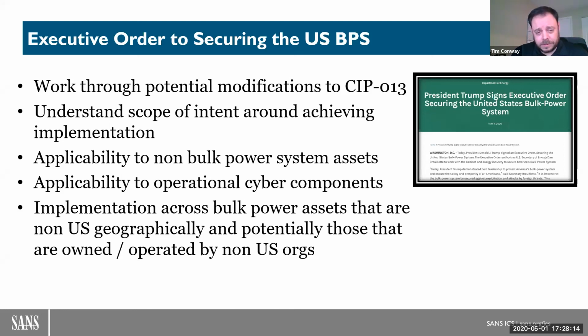What this means for non-bulk power system assets, so things that do not meet the threshold of 100 kV and above from a transmission level or from a generation capacity. However, they're still connected to that same common system, if this has any downflowing impacts against those equipment vendors, hardware or software components. The cyber operational components, this is certainly where there's going to be a lot of discussion.